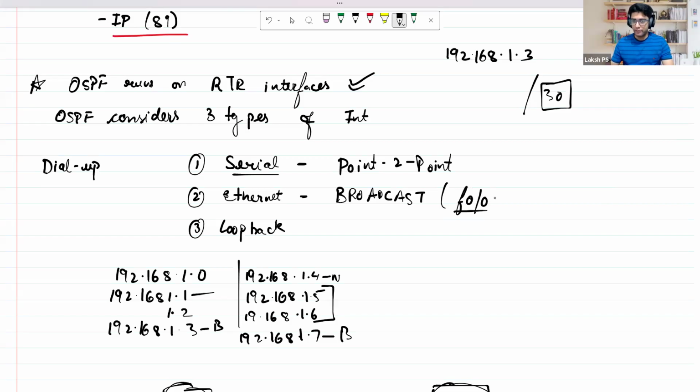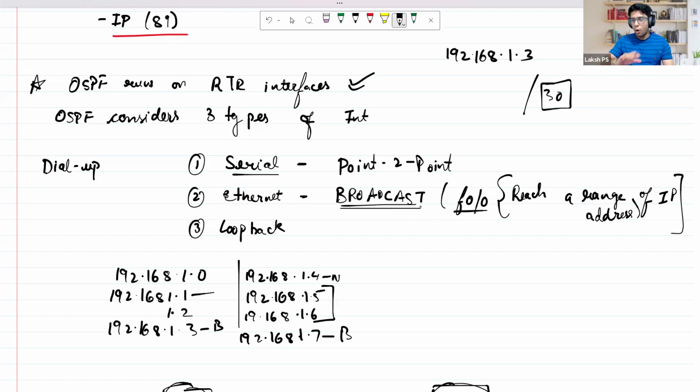From OSPF's perspective, it can reach a range of IP addresses, and to reach this range of IP addresses at once, it can send the data at the broadcast level, right? If it sends the data at the broadcast address, all the IP addresses in that range will receive that data. That's why OSPF considers Ethernet interfaces as broadcast interfaces.